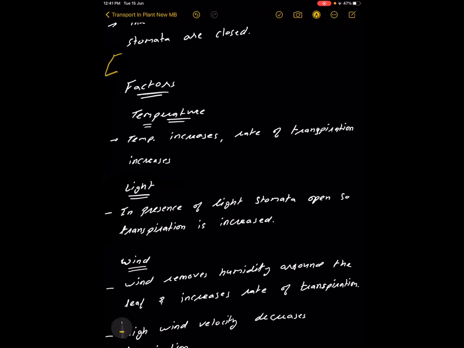Curtis says transpiration is a necessary evil. Sometimes they ask who termed transpiration a necessary evil.